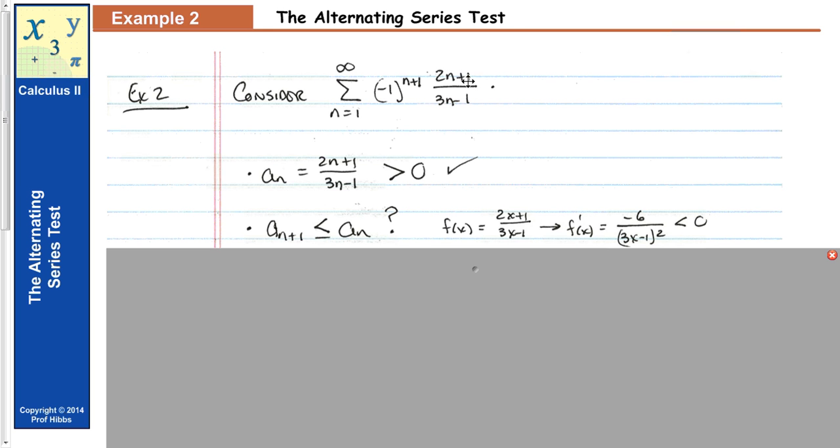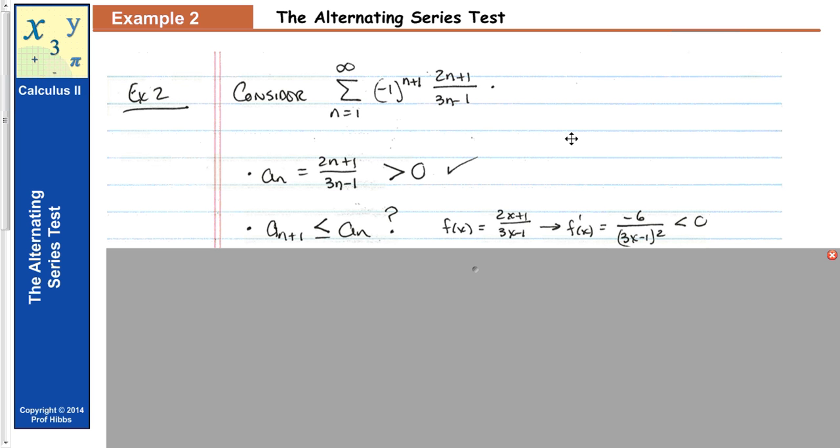Imagine if we put n plus 1 in here to find a sub n plus 1, we'd have 2 times n plus 1 plus a 1 over 3 times n plus 1 minus a 1. I don't know what that would be, but it would be a mess. We could write it out, but we wouldn't be able to tell whether a sub n plus 1 is smaller than a sub n.